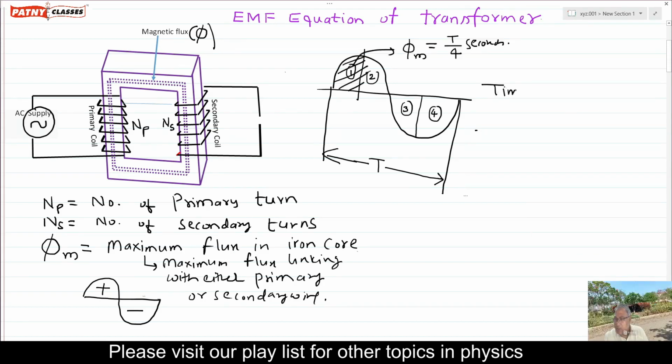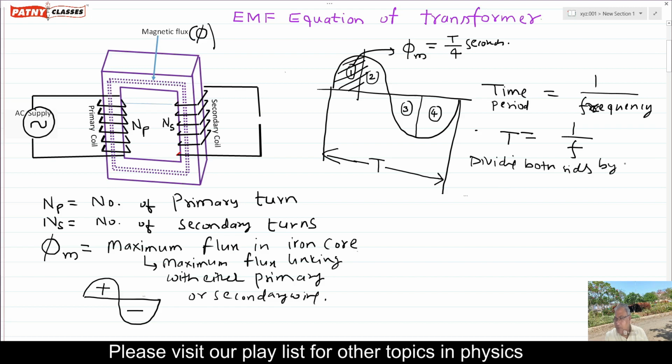Since time period equals 1/frequency, that is T equals 1/f, dividing both sides by 4.